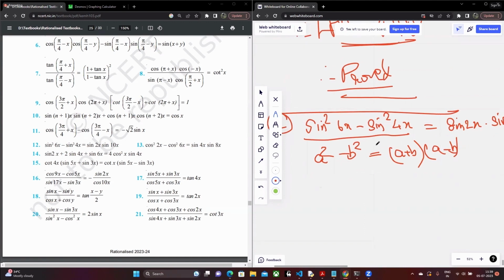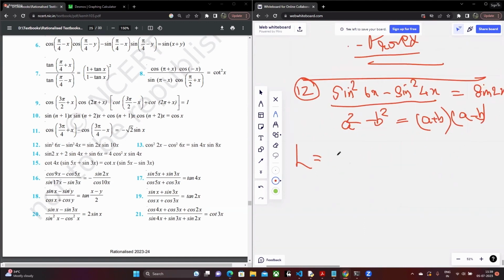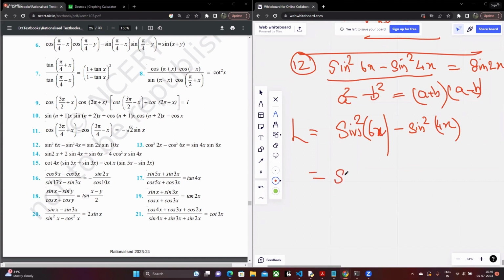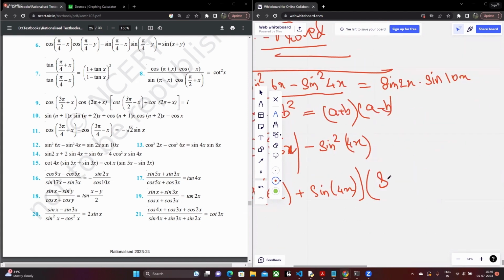All right. So the left hand side, I can basically write as sine square 6x minus sine square 4x, which is equal to sine of 6x plus sine of 4x, whole into sine of 6x minus sine of 4x.